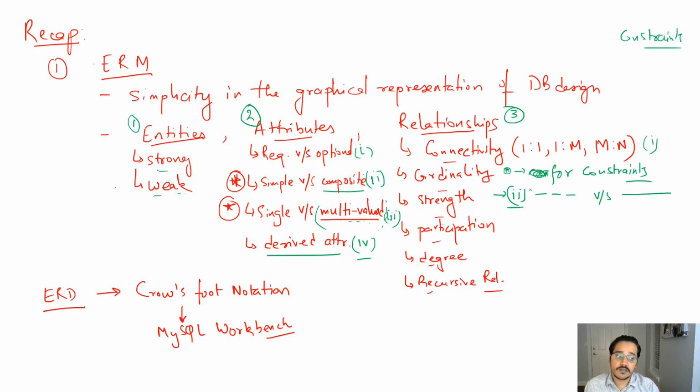As a result, it will also have an impact on the way you implement it, because coming from the concept of an identifying relationship, the primary key of the child entity in the relationship is going to be made up either completely or partially of the primary key of the parent. So that has a direct implication on your implementation as well as how your design is going to be represented.